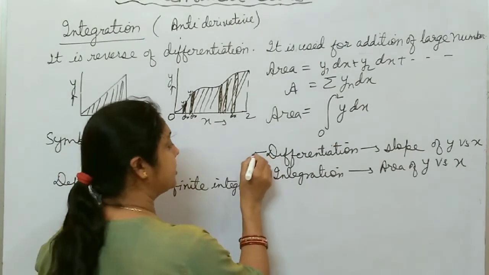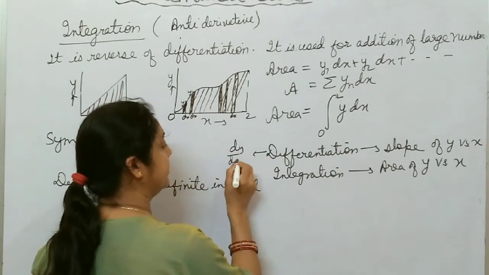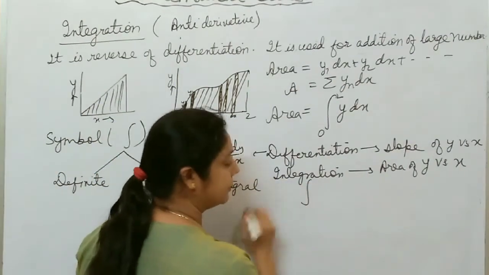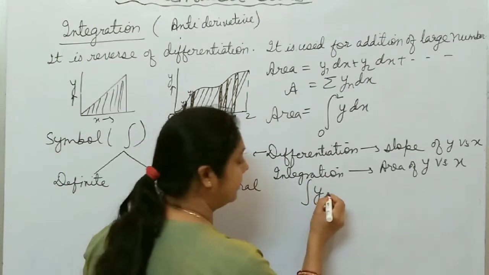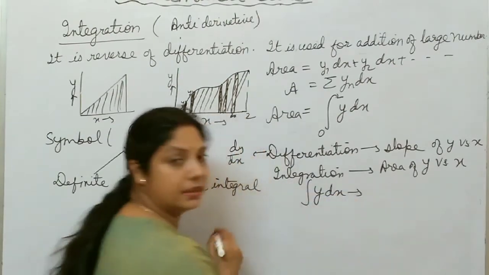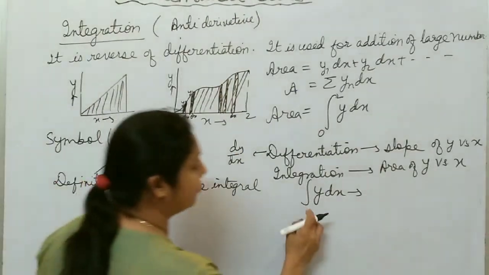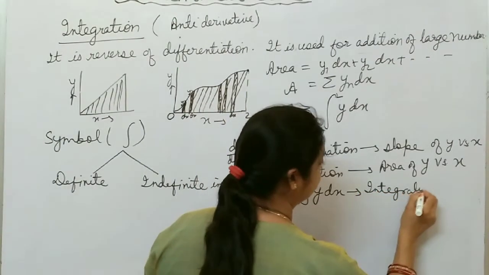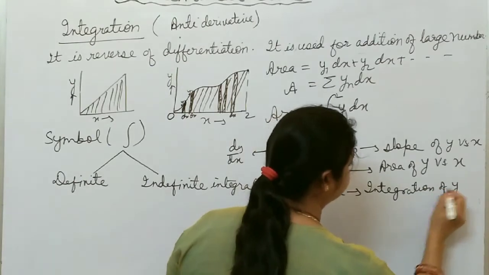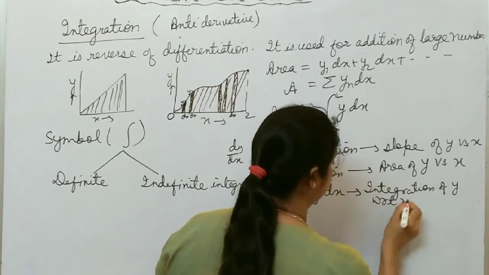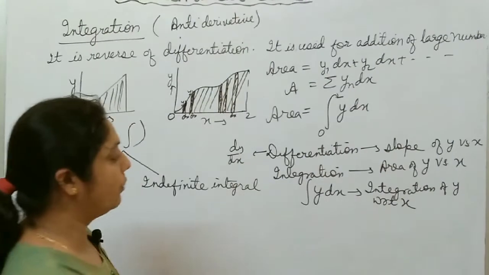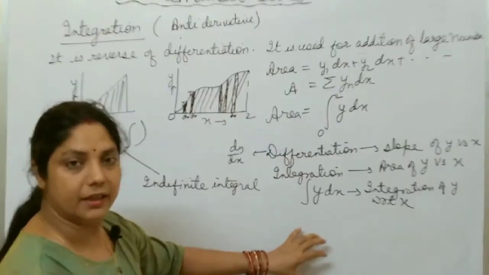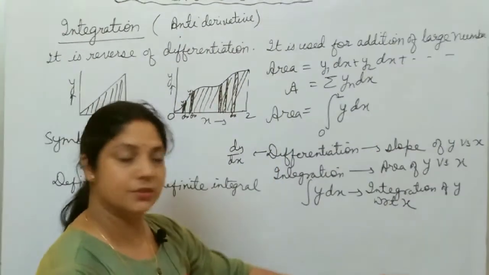The symbol for differentiation is dy by dx, the derivative of y with respect to x. And the integration symbol is this one, with the function y and dx. It means integration of y with respect to x. Length into breadth is area, so integration gives area and differentiation gives slope.